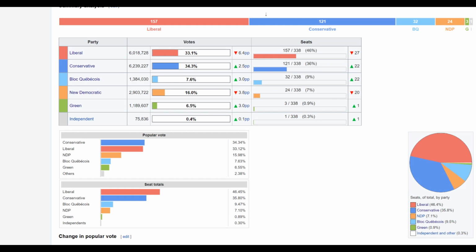I doubt there's very many electoral districts in Canada where anyone ever gets more than 50% of the vote, which is one of the reasons why there's a pretty large electoral reform movement here. Because more so than a lot of countries, the number of votes a party receives isn't really related to the number of seats that it gets.